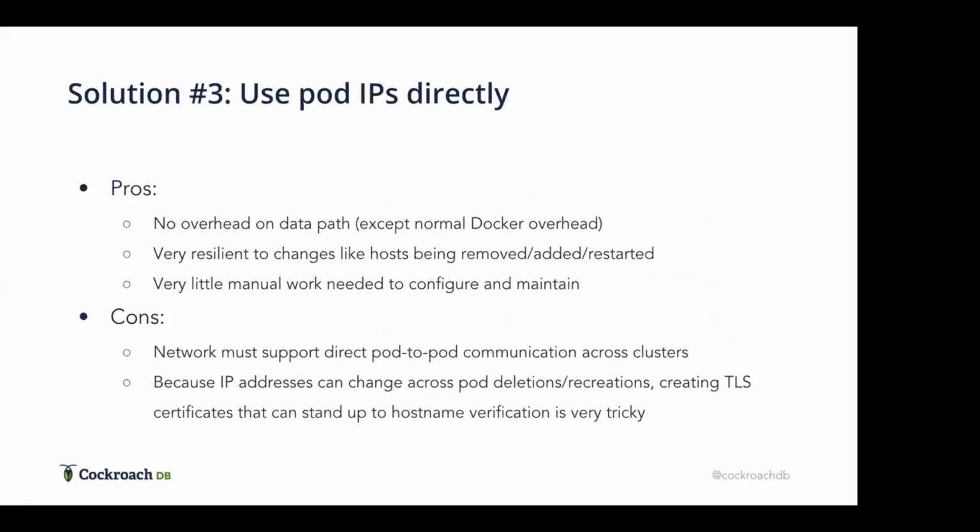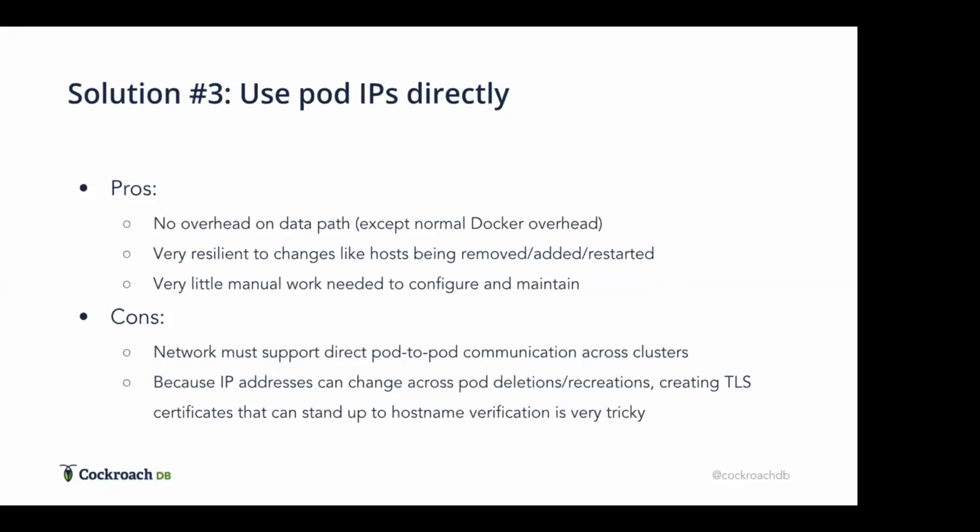And the biggest one is that it's hard to do this in secure mode if you want to run with TLS certificates. It's tough to do because Cockroach by default does hostname verification on certificates, and so the IP address that a pod is running at has to actually be in that signed certificate. Otherwise, other nodes won't trust it.